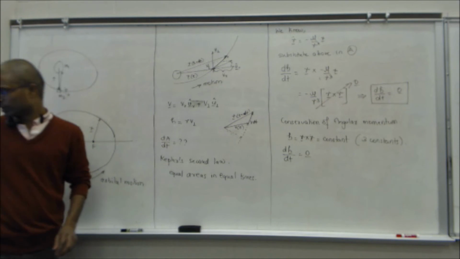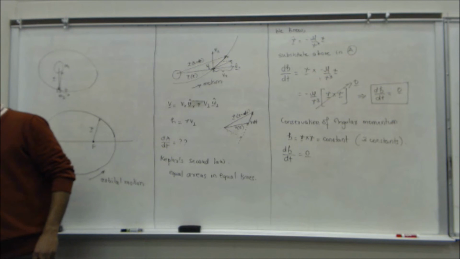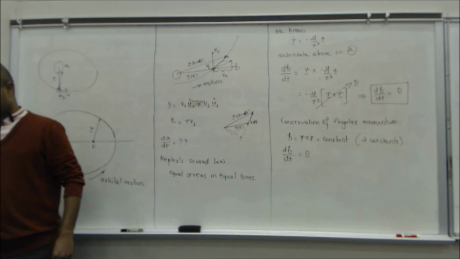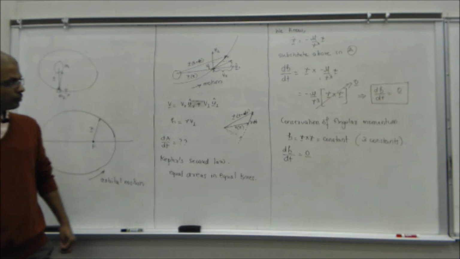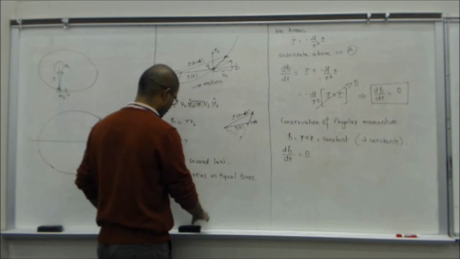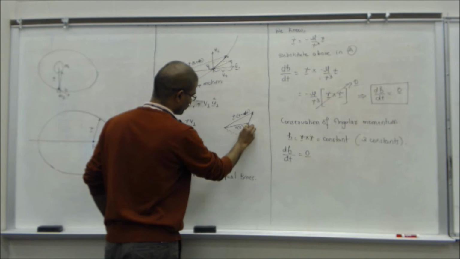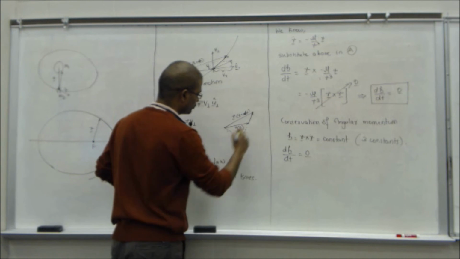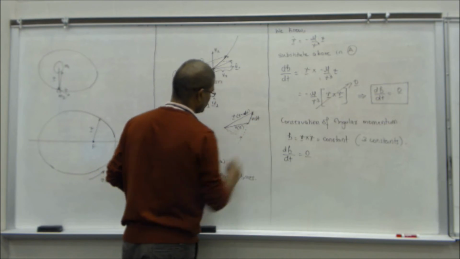We'll prove this, but you just looked at this, correct? Can you point out where dt is on that diagram? V dt is from this point to this point.